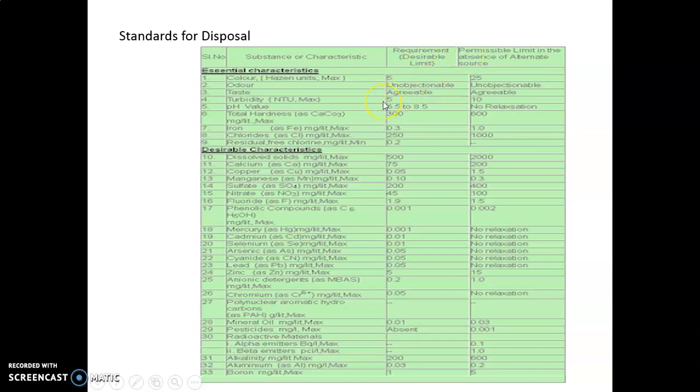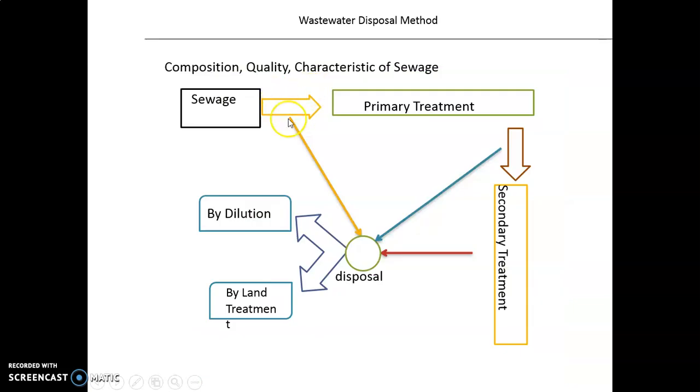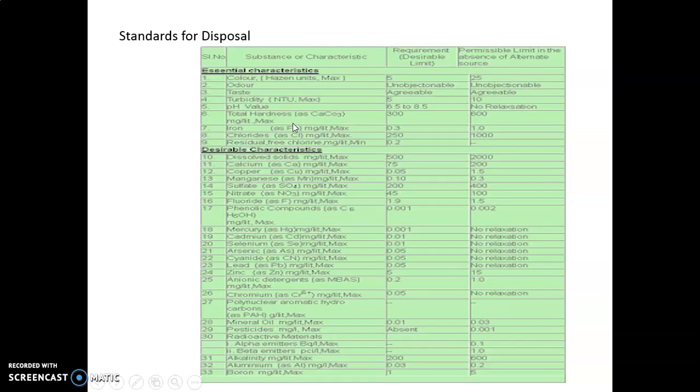For example, for color the requirement is 5, but the permissible limit is 25. Likewise we have 33 characteristics: color, odor, taste, iron, copper. For everything we have a standard disposal requirement as well as a permissible limit.